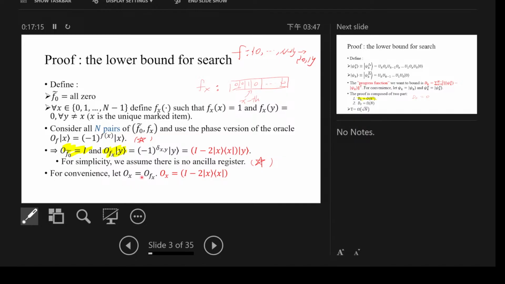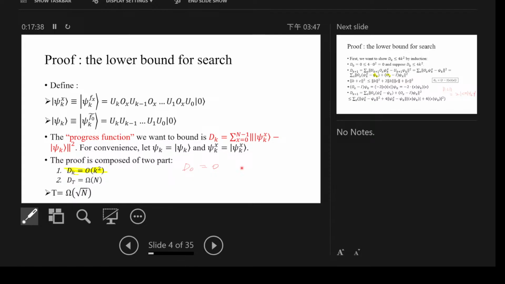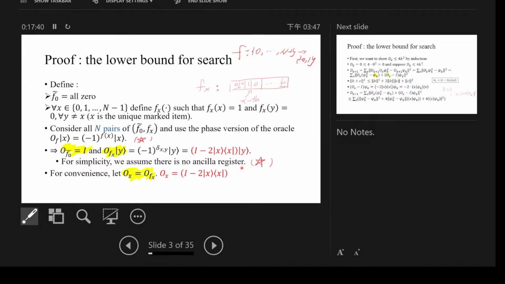So later on we will say O_x equals O_f(x), so this is a simplifying notation here. And that simplifies notation. Okay, and so this is notation for our algorithm and our progress function now.